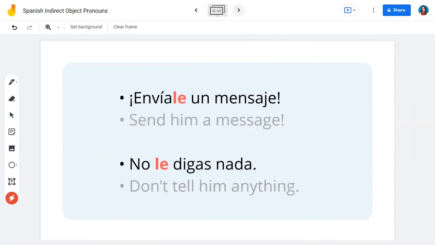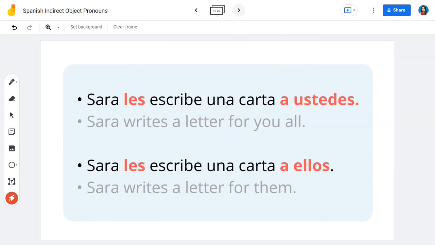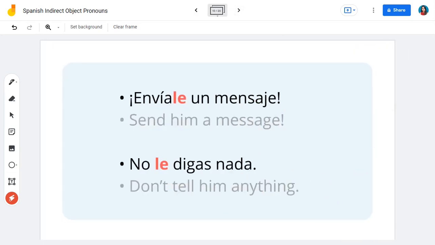Usually before the verb. Now, if you're giving an order to someone, like, do this, do that, like send him a message, you attach that little indirect object pronoun to the end of the verb. You attach it to the end.